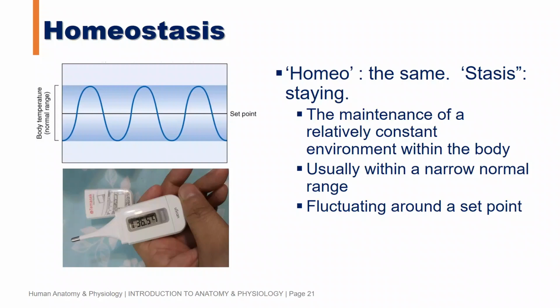And so as you can see from here, we have our body temperature, which is at normal range, set at 37 degrees Celsius. And then below, we have our temperature badge that shows 36.5. So my temperature at that point was below the normal range.